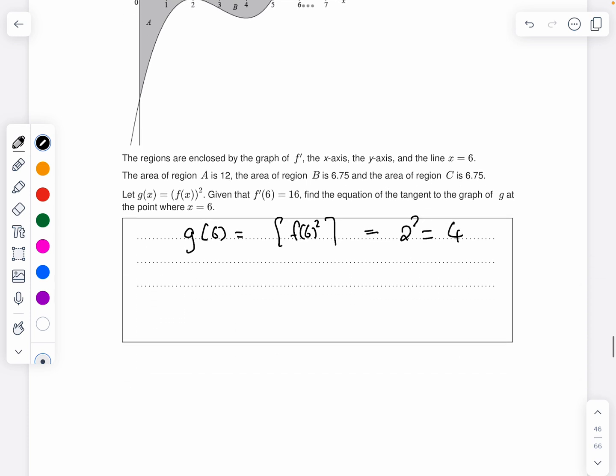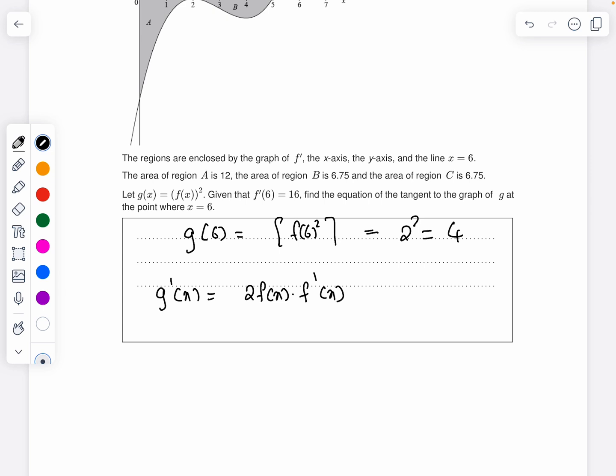Now what am I supposed to find? g prime of x. How can I find g prime x? 2 f of x by the power rule, then again f prime x.